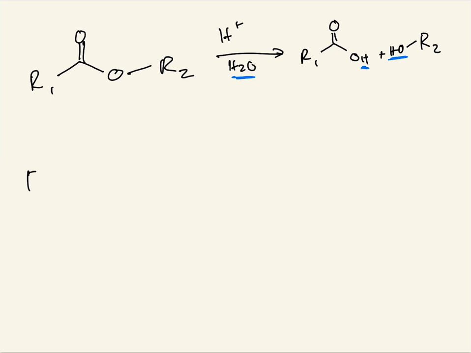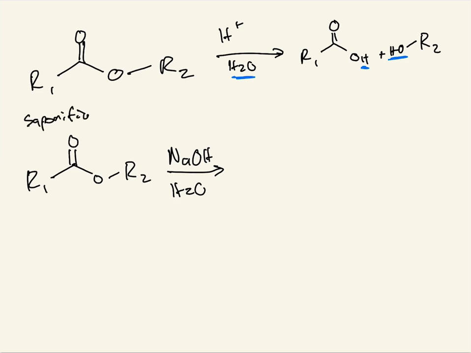And then we also have, where it really doesn't change anything, we can have sodium hydroxide and water. And this would be saponification. It is just base catalyzed hydrolysis of this reaction. So this would then go to R, O plus R2.